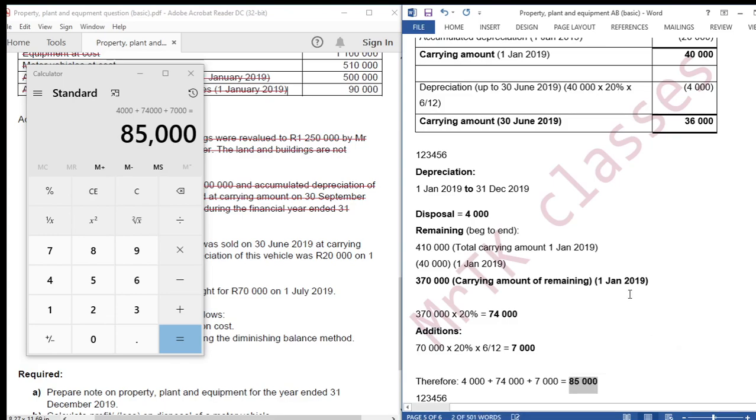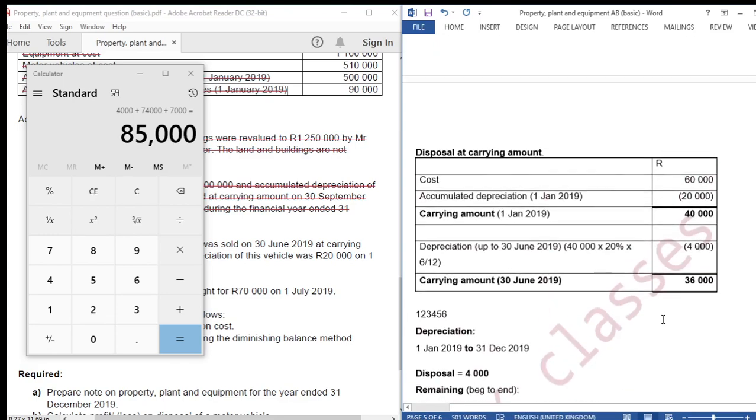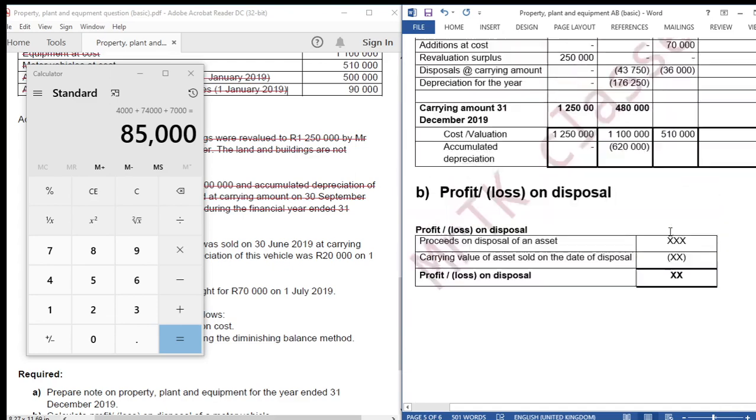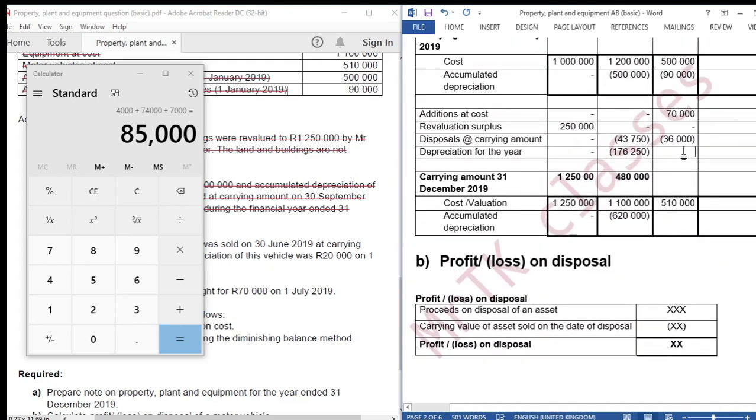This is our total depreciation for the year, 85,000. So we are going to put it here, 85,000. Depreciation decreases our assets.